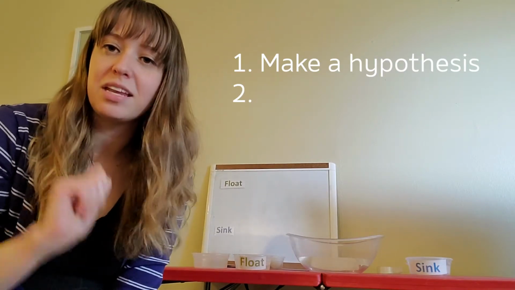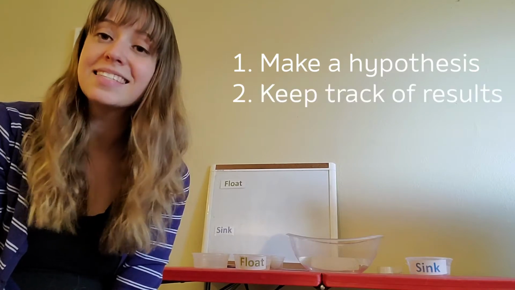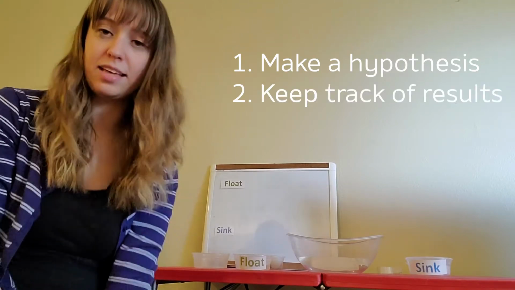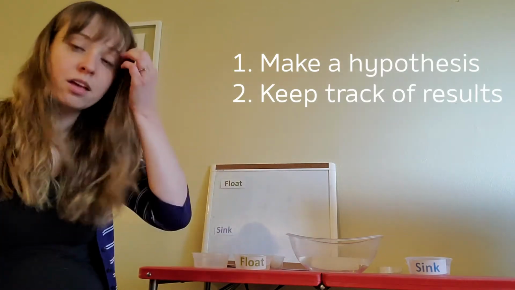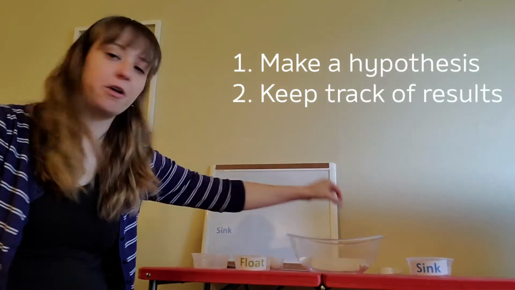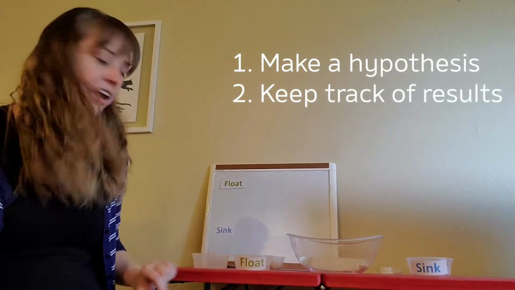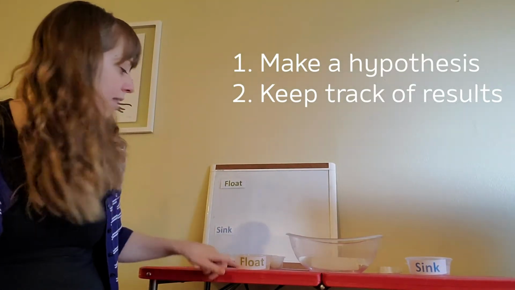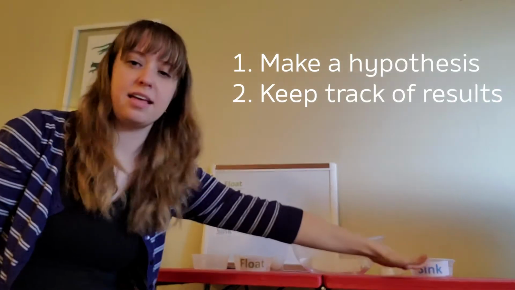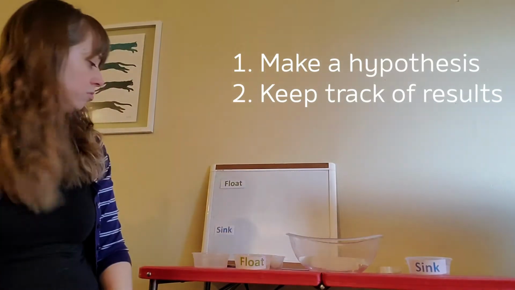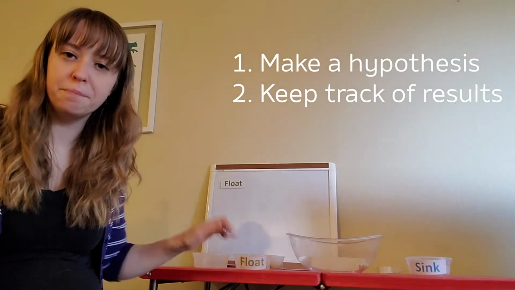The second thing we need to do as scientists is keep track of what sinks and what floats. We have a couple of ways we're going to do that. First of all, after we put an item in the water, we will put it in one of these bowls labeled float or sink. If it sinks, we'll put it in the sink bowl, and if it floats, we'll put it in the float bowl.